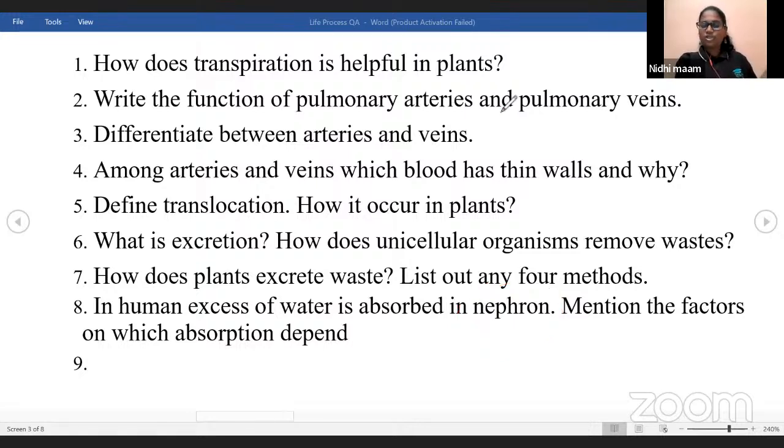They asked to mention the factors. How much water must be absorbed depends on which factors? The amount of water which is present in our body, and the amount of dissolved solutes in the water. Depending on that, the absorption of water takes place in the nephron. Very good try, Shreya. Next, let us proceed to the 9th question.